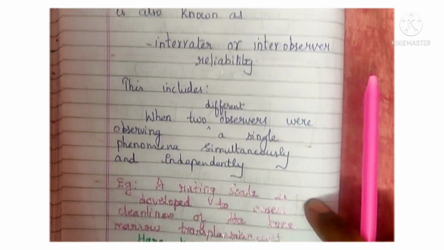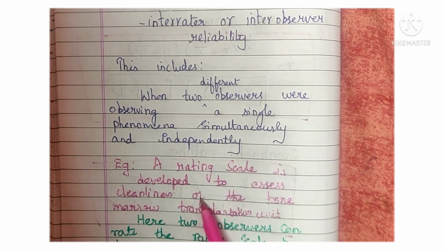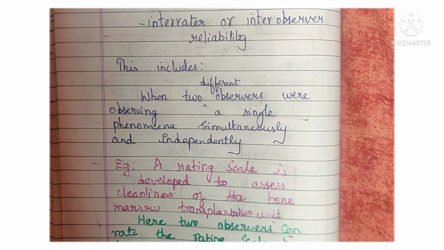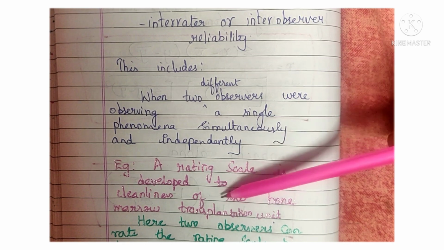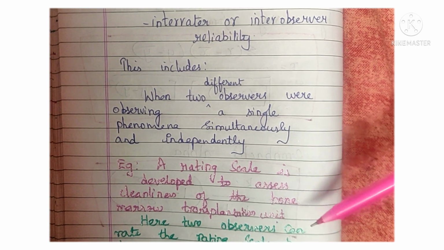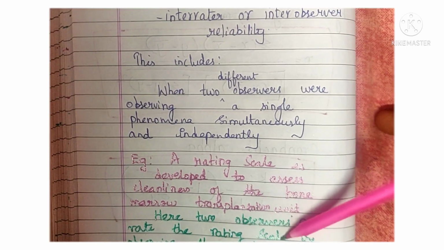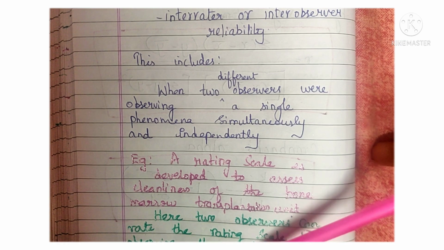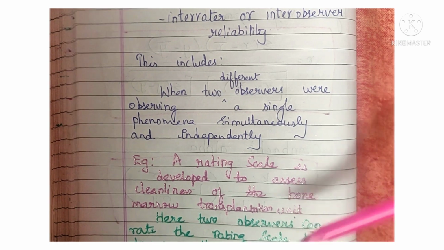For example, a rating scale is developed to assess the cleanliness of a bone marrow transplantation unit. So you have developed a rating scale, and in that you have some 20 points or 30 points to assess the cleanliness of the bone marrow transplantation unit. Here two observers can rate using the scale by observing the bone marrow transplantation unit simultaneously but independently.